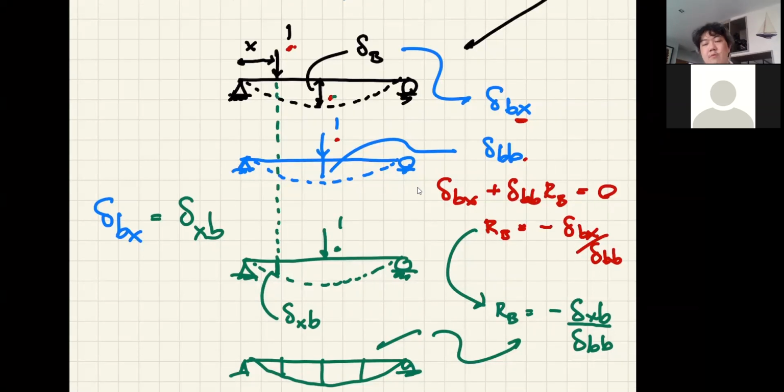Generally, when it comes down to this class, I don't have any purpose to test you if you can calculate displacement. So generally, I would give you the formula to calculate displacement, or I may give you the displacement right away. What you need to understand is how to turn the displacement into the force by using this application.